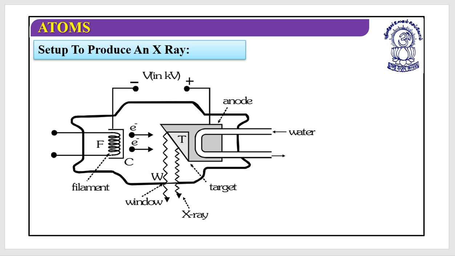So let's begin with the setup to produce an X-ray. As you can see, there is an evacuated tube, and within that evacuated tube we have a target material which we are going to strike with high velocity electrons.